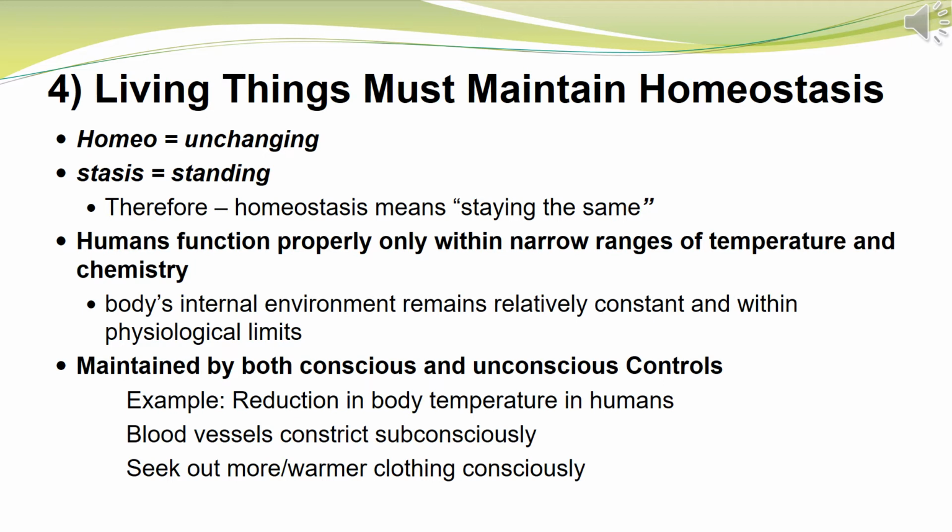And homeostasis can be maintained by both conscious and unconscious controls. So an example of this would be if we experience a reduction in our body temperature, the blood vessels would constrict or get smaller in response to this lower temperature, and we would also consciously seek out more and warmer clothing.